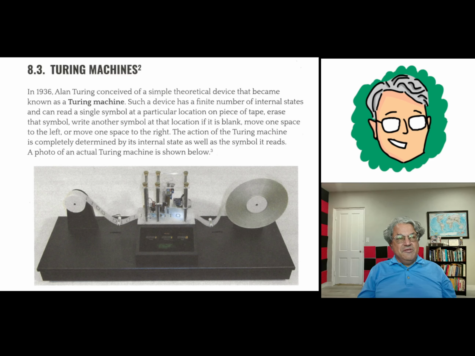And even though it's a simple device, it turns out, and Alan Turing proved this, that for any deterministic algorithm for computing anything you want, whether it's the space-time metric for some model of general relativity, something incredibly complicated like that, anything that can be computed with any computer in the world, no matter how complicated, as long as it's a deterministic algorithm, where a given input always gives you the same output, any computation like that can be done with a Turing machine.